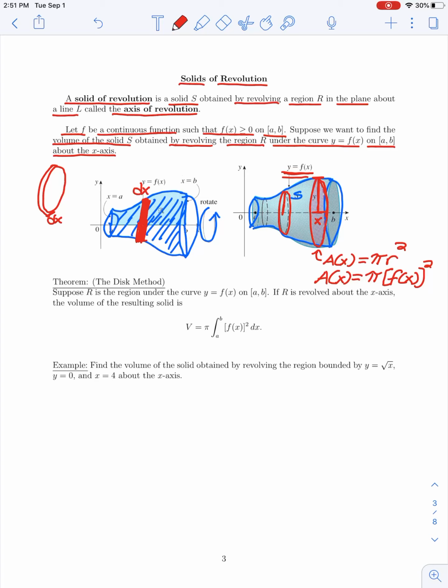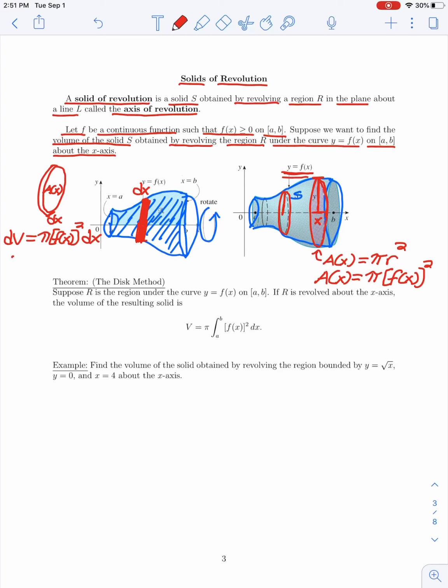Now, the area of that cylinder we found is given by pi times f of x squared. So then the volume of this disk would be that area, pi f of x squared, times the thickness of that disk, dx. So this gives us what I would refer to as a differential of volume for our solid. I'll denote it as dV.